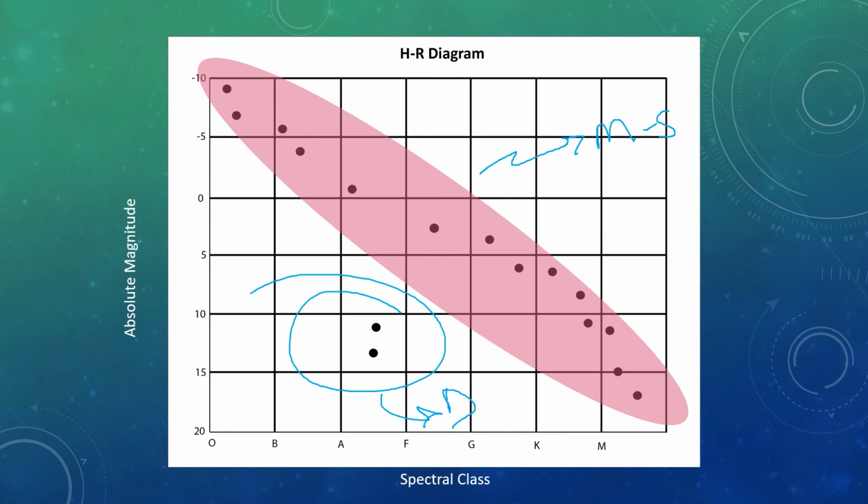I can tell that because they follow a pattern that we expect, whereas these outliers would be our dwarfs because even though they have a high spectral class, their absolute magnitudes are pretty low, which means they're probably quite small. Same thing if you found some out here, which would be our giant stage because, well, look, they have a high luminosity but a very low spectral class, meaning their temperature is low, but they're still being very luminous, which must mean they're very, very big.